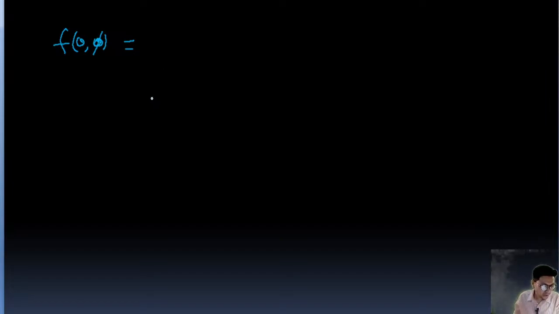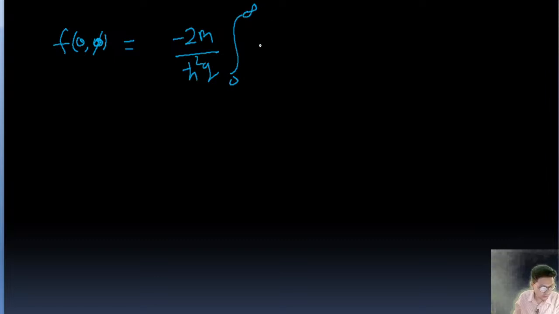So the value of this is going to be minus 2m upon h cut square q, integration 0 to infinity r V(r), which is the potential as a function of r, sine qr dr. This is also a very important formula, guys.